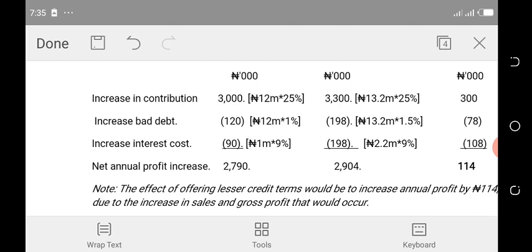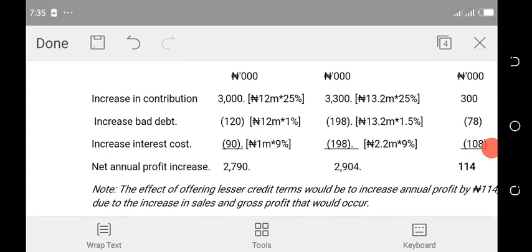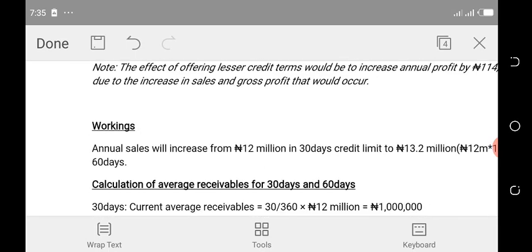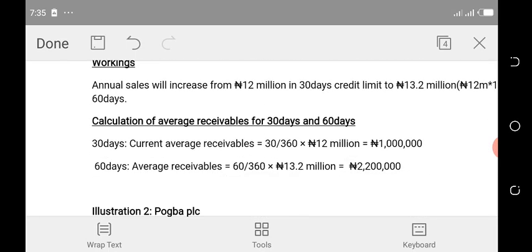And we are told that our finance charge is our trade receivable times cost of capital. I repeat, our finance charge is our trade receivable times cost of capital. So let's do our trade receivables. Annual trade receivable is the credit limit, 30 days or 60 days, over 360 times the sales value, which is 12 million.